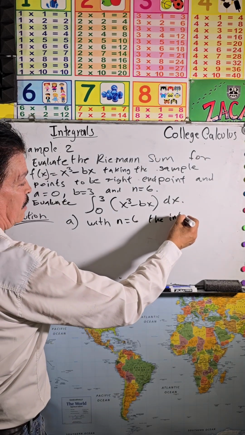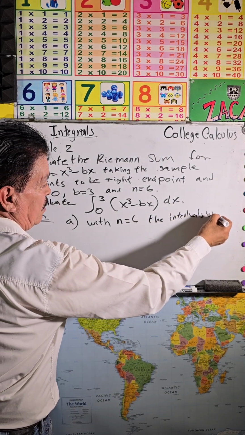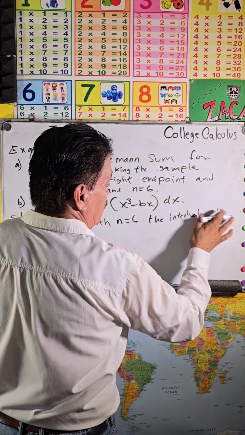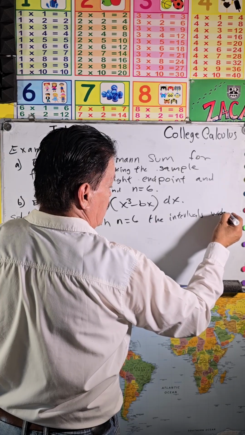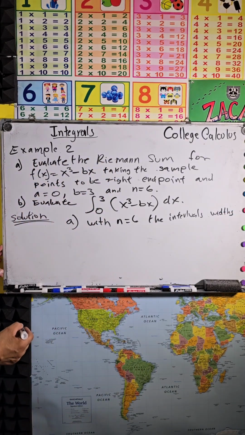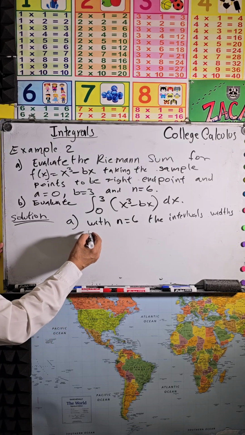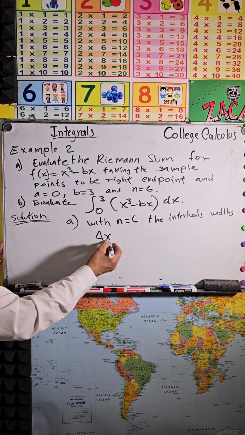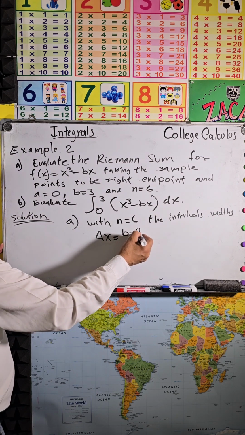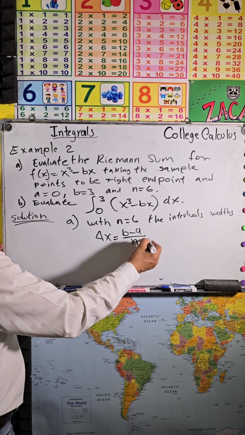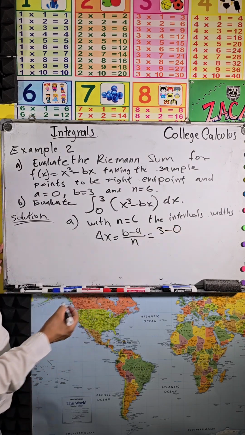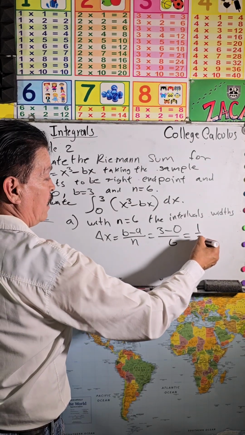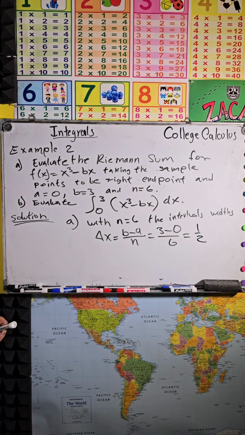The interval width, delta x, equals b minus a divided by n, so equals 3 minus 0 divided by 6, equals 1/2. That's the answer right there, and the solution is not finished yet.